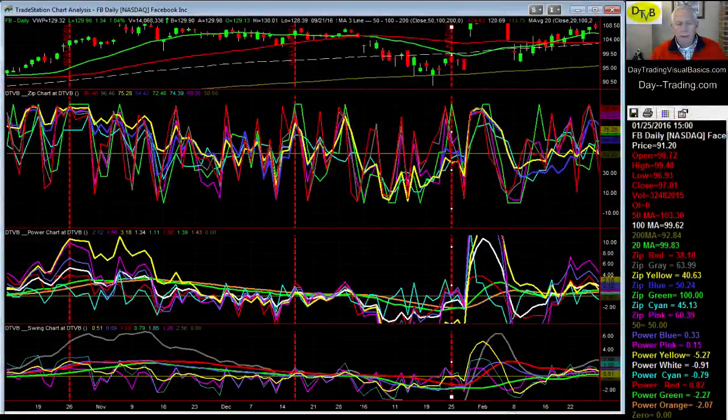The example that I have here, there are 3 vertical lines. I'm in Facebook right around the first of the year. This is January of 2016, and Facebook at this time is around $100 or a little bit more.